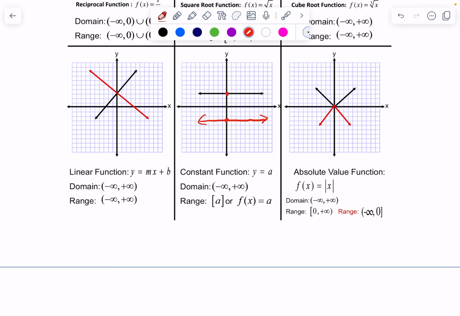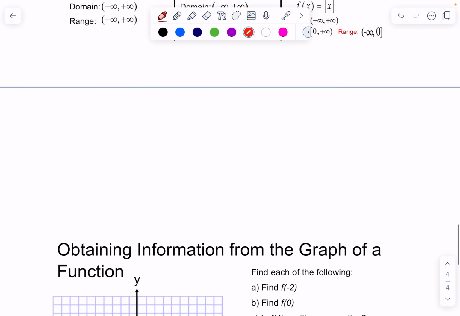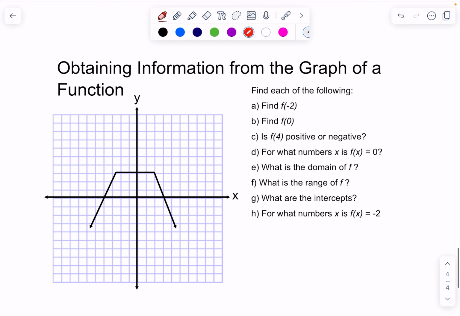And in an absolute value function, the domain when it's positive is negative infinity to positive infinity, and the range is from 0 to positive infinity. The range of a negative absolute value function goes from negative infinity all the way to 0 because you're going from least to greatest.